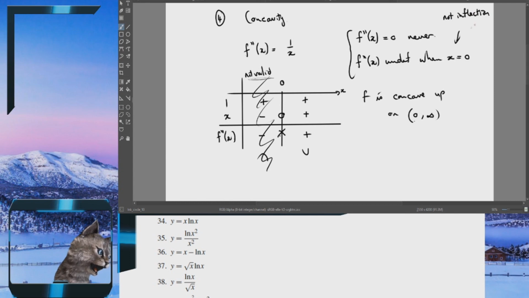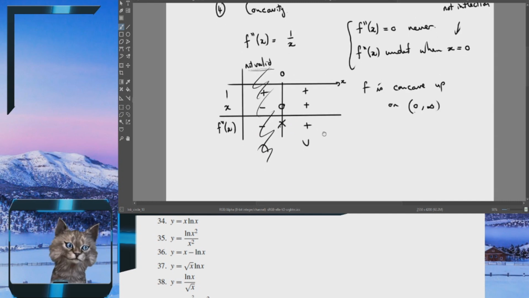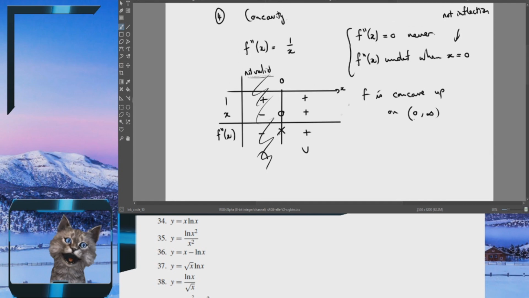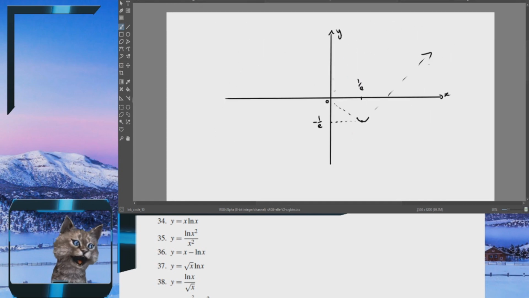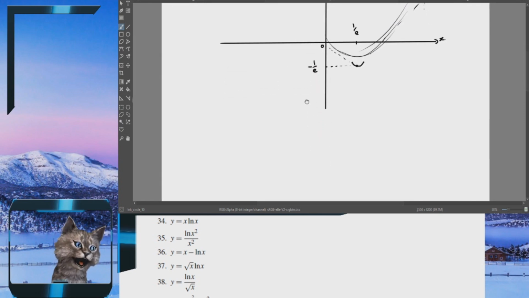And my concavity isn't changing as I pass through that point either because there's nothing on the left. So not much is happening. But it does say it's bending up wherever I am, which is over here, bending up throughout. So that's all the information that we have.